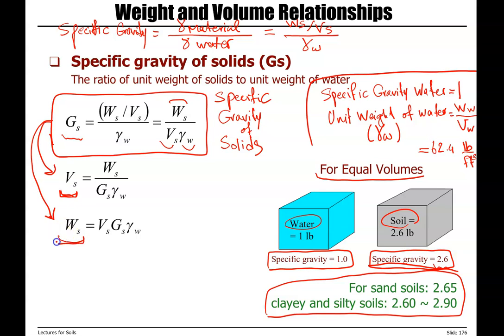And if you need to calculate weight of solids, use the third arrangement. One more time, a reminder that unit weight of water is always 62.4 pound per cubic feet at room temperature, and the specific gravity of water is 1.